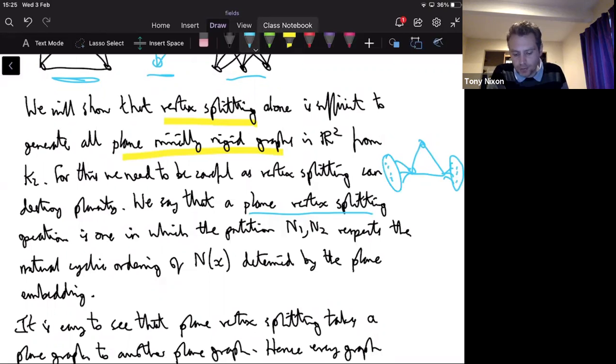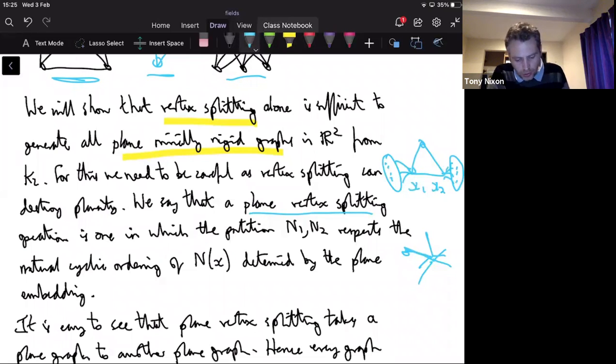So I have to be careful to use the cyclic ordering of the neighbor set of the vertex I'm splitting into x1, x2, to make sure that I don't have something like this and decide to move this edge over to the other vertex and hence break planarity in a bad way.